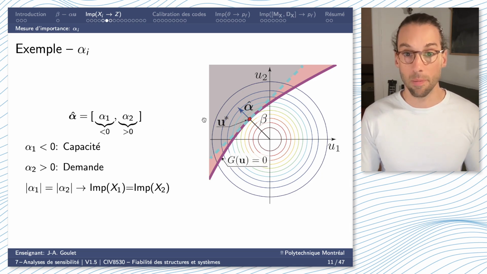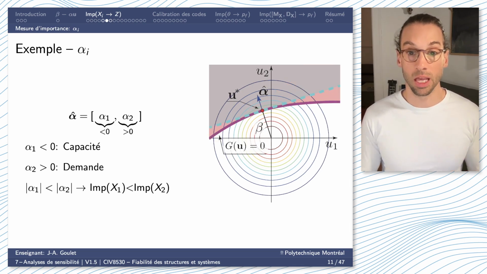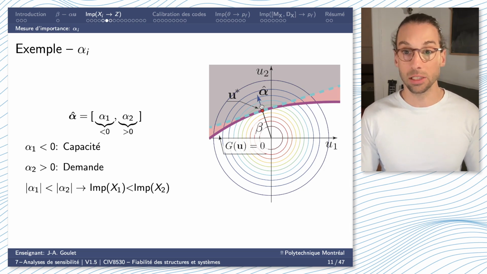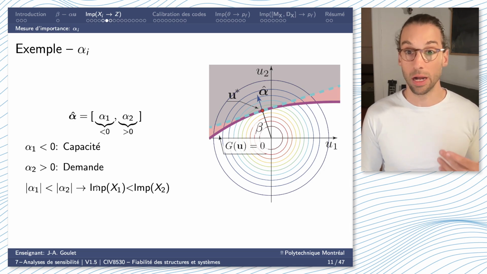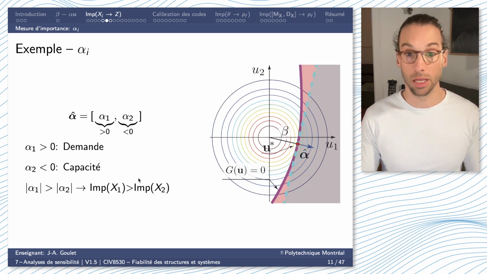Since the magnitudes of both alphas are roughly equal, the importance of the two variables is also roughly equal. If we have another example like this, the sign is still the same, but now alpha 1 is less than alpha 2. It means that x2, or u2, is going to be more important than x1 in my normalized safety margin.